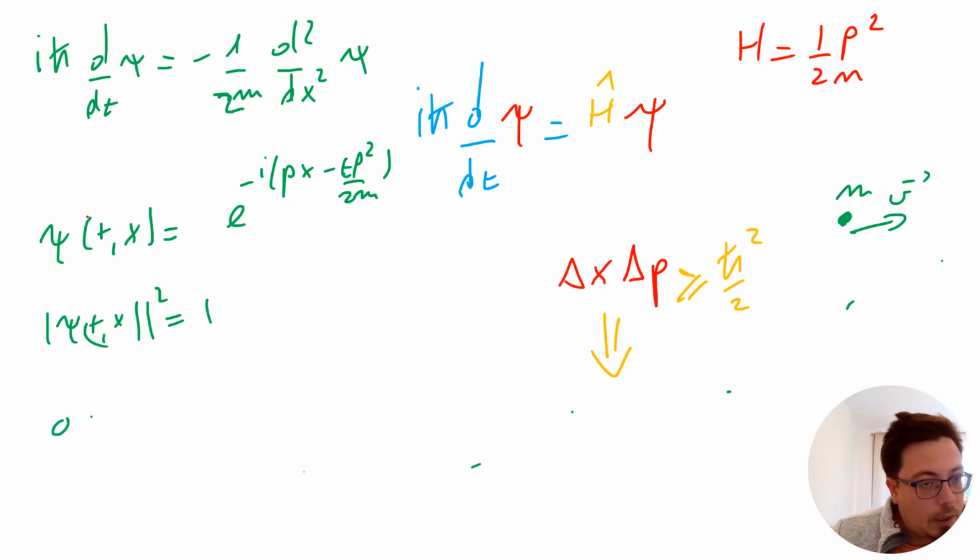But then we take the derivative over time of this expression, and we multiply by h bar.